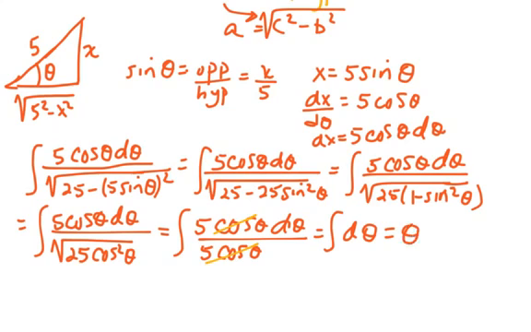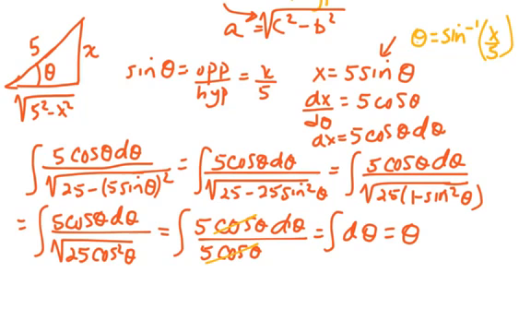If I return back up here and solve for theta, I get theta is equal to inverse sine of x over 5.